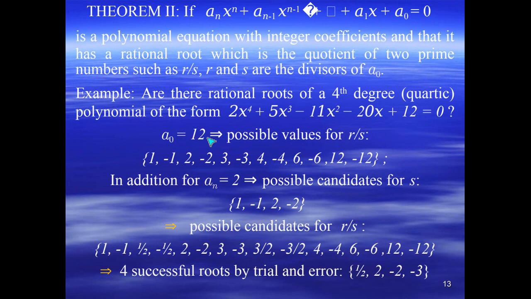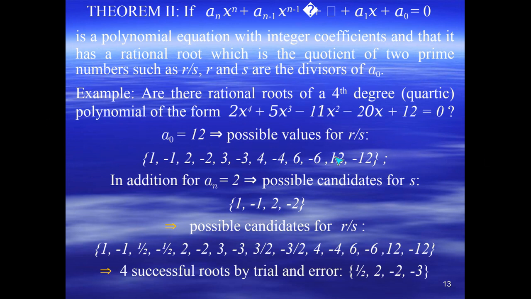What are the integer factors of 12, the divisors of 12, both positive and negative ones? 1, minus 1, 2, minus 2, 3, minus 3. 12 is divisible by 1, 2, 3, 4, 6, and 12 itself.